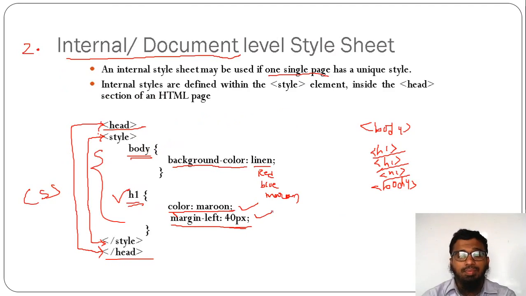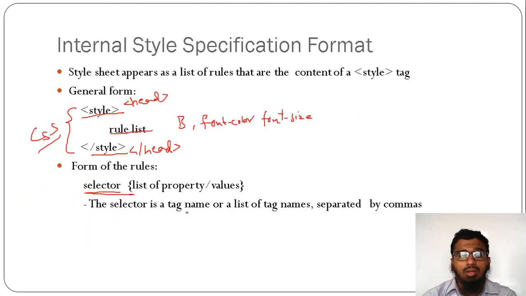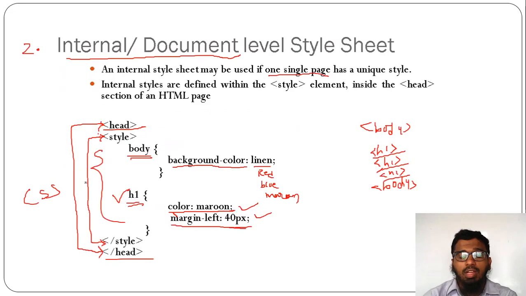So here semicolon, and the selector is a tag name, or a list of tag names separated by commas. Example, if I want to give this same color to P also, P comma H1.